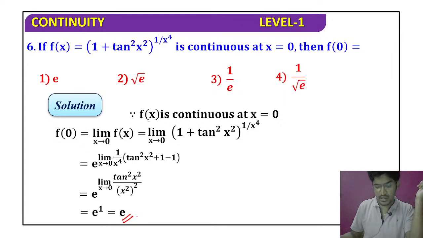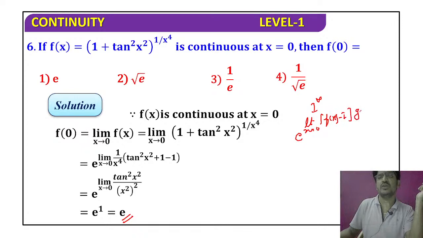Clear? Everyone, quickly, very important thing, the formula: if it is in the form of 1 to the power of infinity, e to the power of limit x tending to 0, you have to write it as f of x minus 1 into g of x. Please remember this technique, very important.